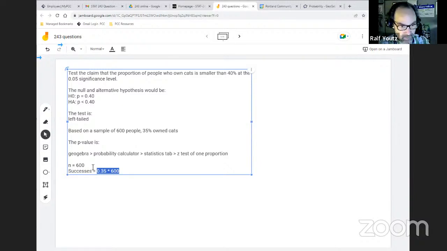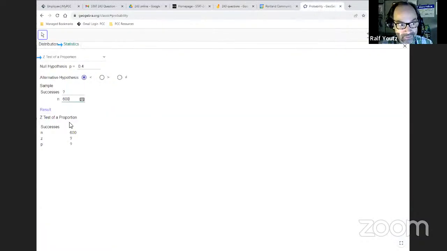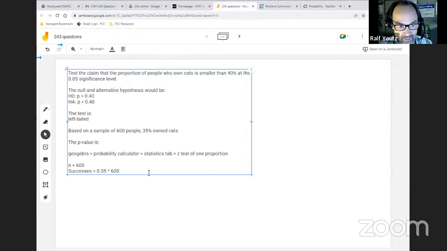Let me just copy that number. GeoGebra is also a computer, and my friend, so I think I can just paste that in there, and look, it does the multiplication for me. That's 210 people in the sample, 35% of 600, who do have cats. So 210. Of course, any other calculator would have worked for that.